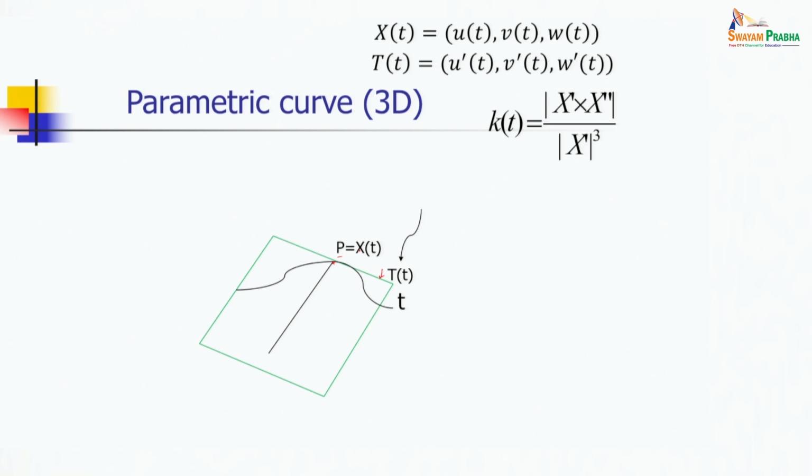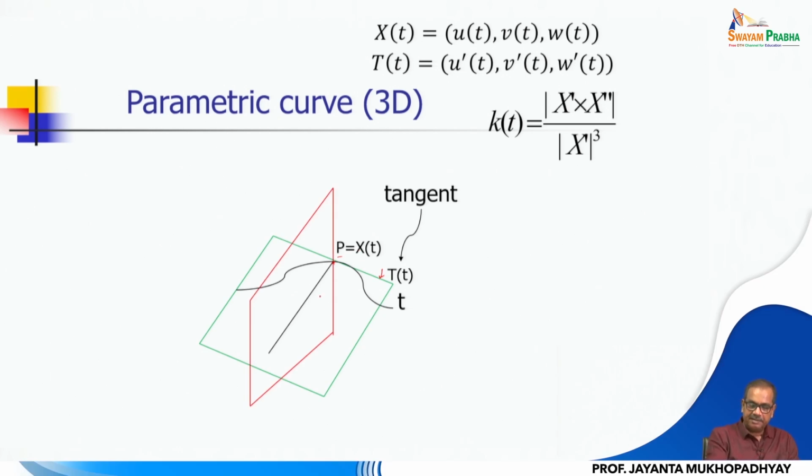Again, this normal and this tangent define this plane. If I consider another direction which is perpendicular to both the tangent and the normal, this is the normal, say n, this is the tangent t, and say this is b. So they also define a plane.